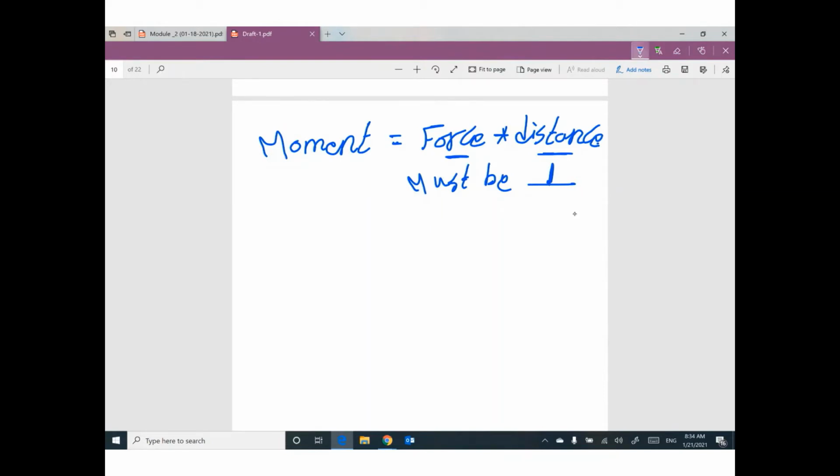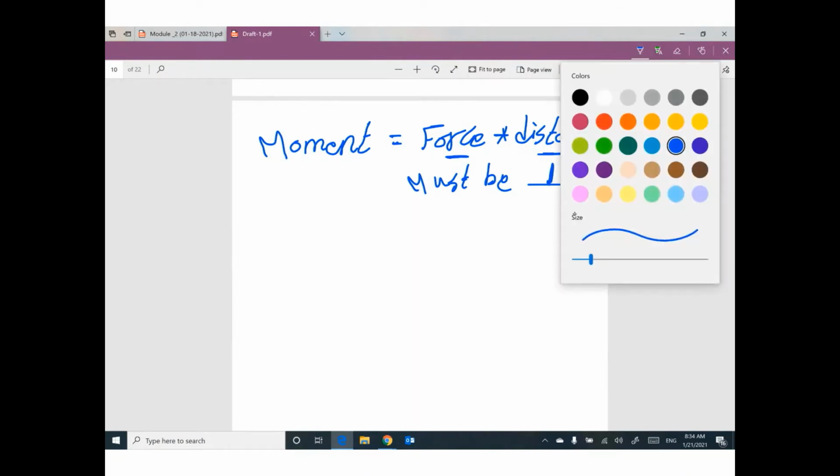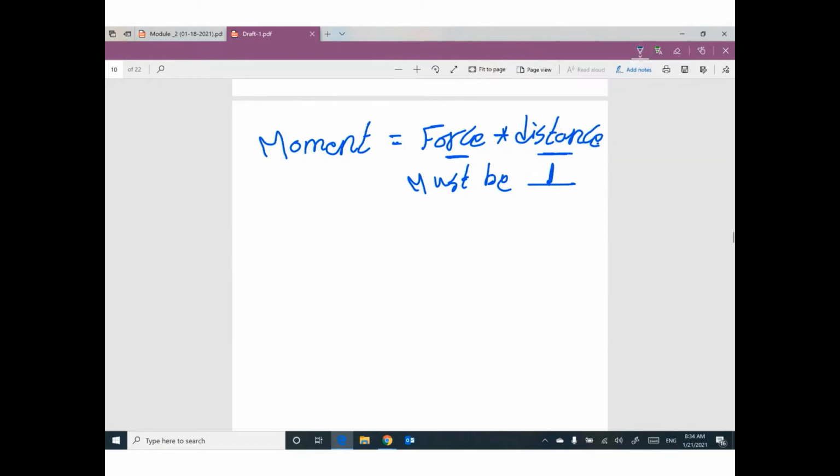I'm sorry, what do you mean by force and the distance must be perpendicular? I mean, if you have a point like point A and you have a force like F, if you would like to get the moment of this force around this point A, we need to multiply this force by distance.